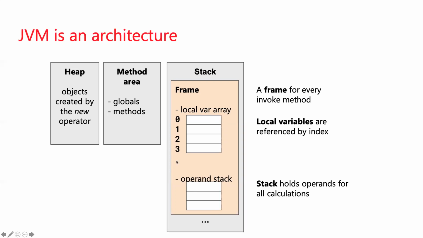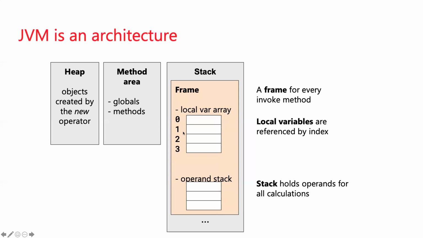Just like we saw when we were using the stack in 8086, where we might use the base pointer, and different local variables would be at different offsets from the base pointer. Here we've got kind of the same idea. It's just in a dedicated region of the stack for local variables. Each local variable, again, has an integer index that identifies it.